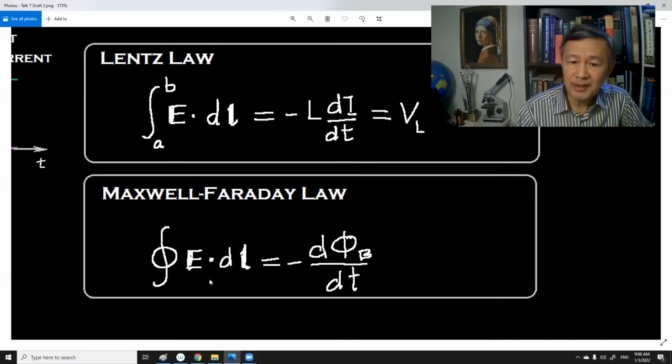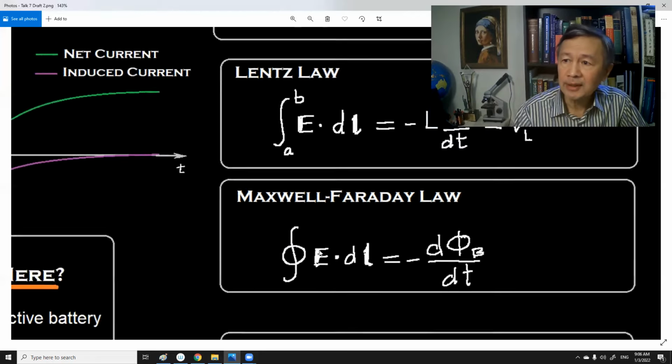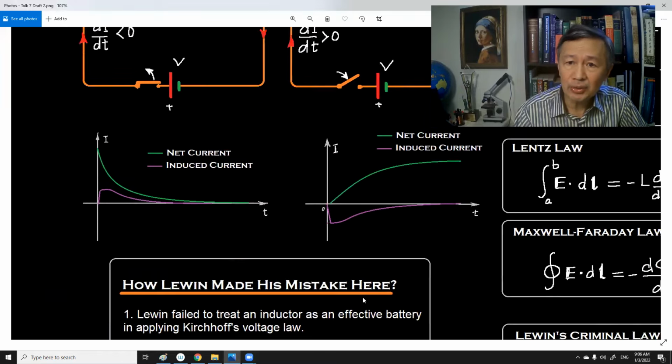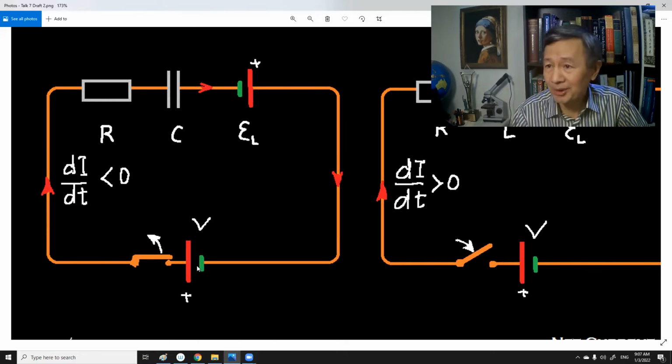In this integral, this E has nothing to do with the E Professor Lewin used in his lecture. The E he used is actually provided by the DC battery.